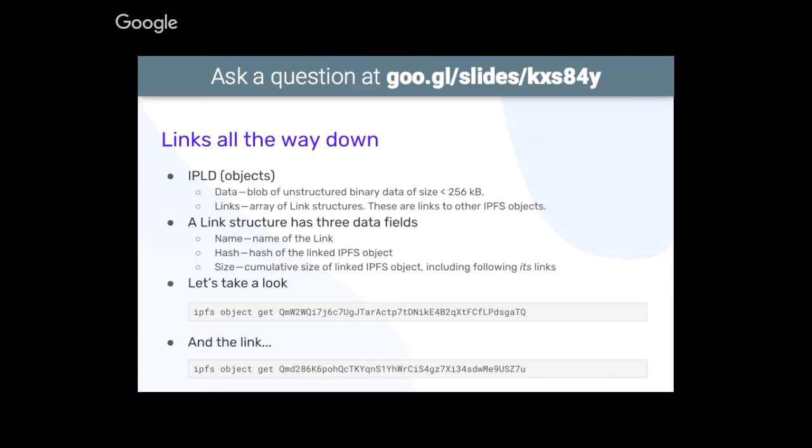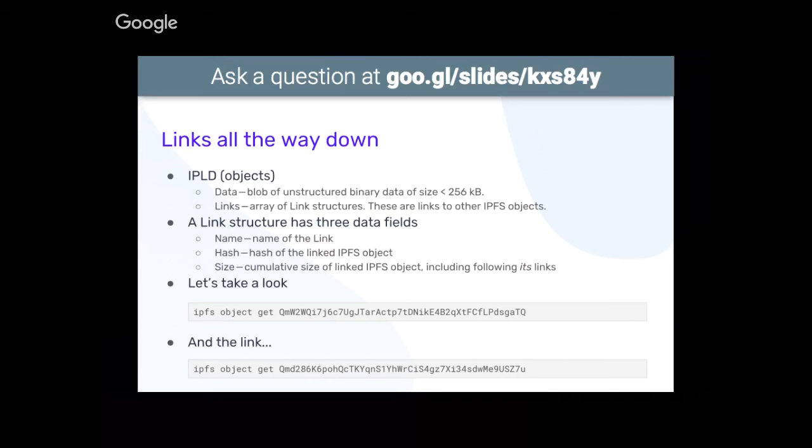But essentially what we're talking about is a structure that models everything as a series of linked objects. So in this IPLD world, we have objects, and each of those objects basically has a data and a links field, where data is a small blob of unstructured arbitrary binary data, less than 256K, and links are simply links to other IPFS objects.